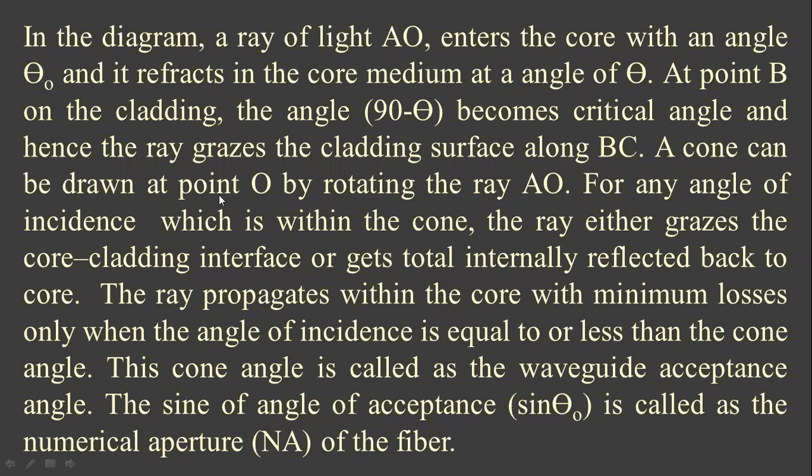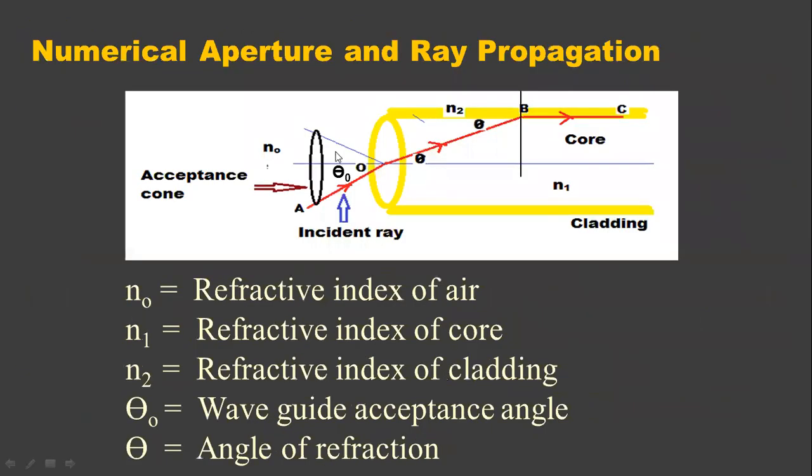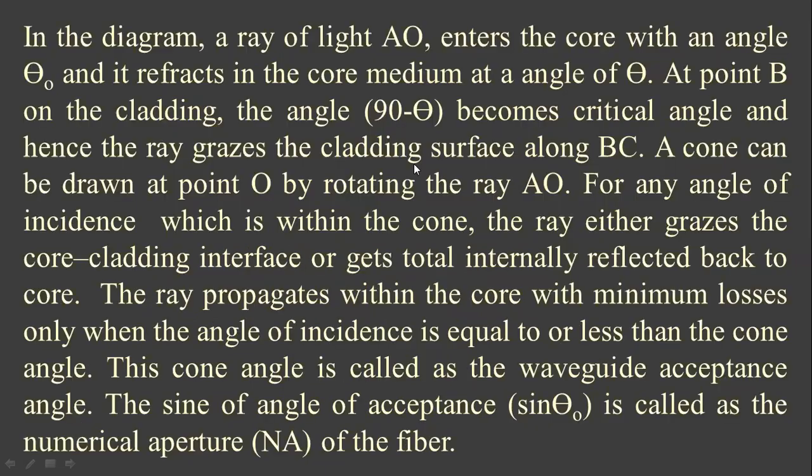A cone can be drawn at point O by rotating the ray AO about the cable axis. For any angle of incidence within the cone, the ray either grazes the core-cladding interface or gets totally internally reflected back into the core.